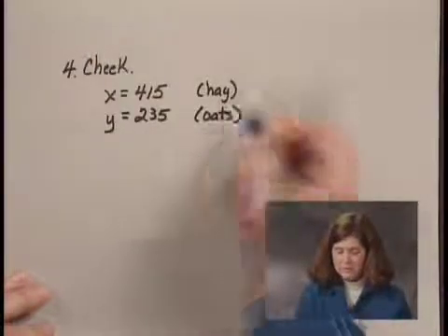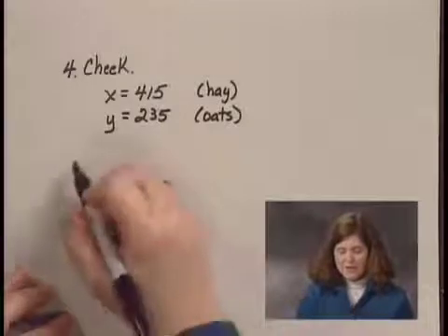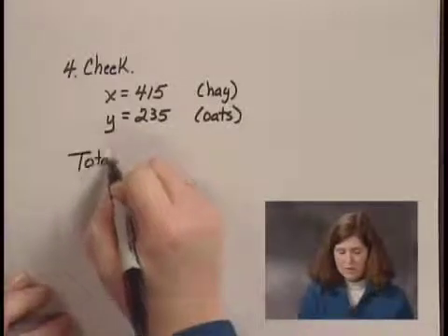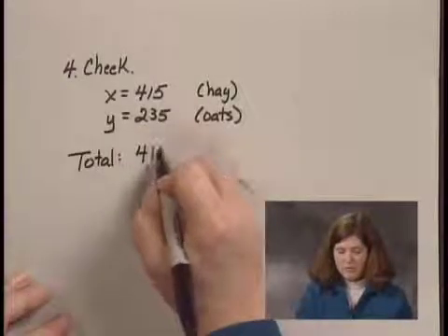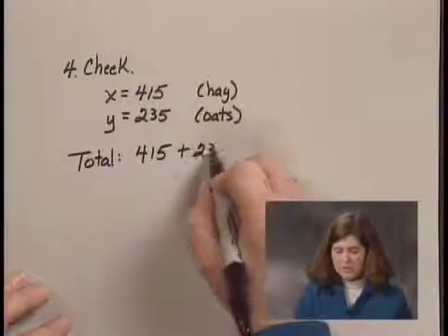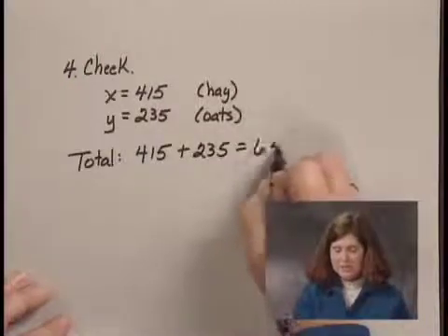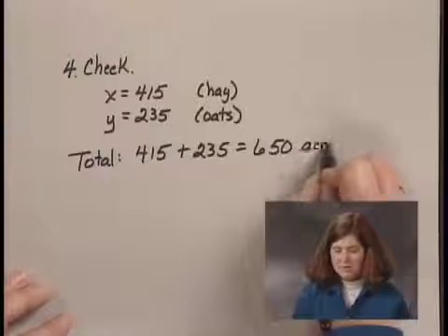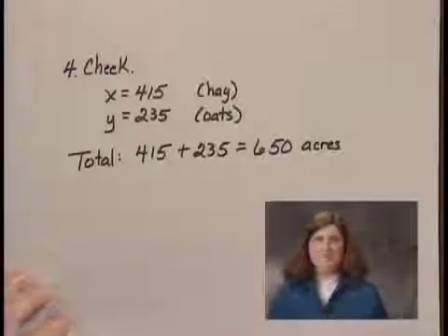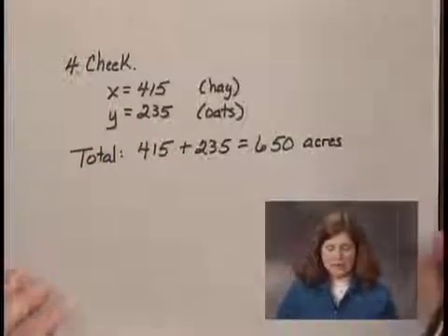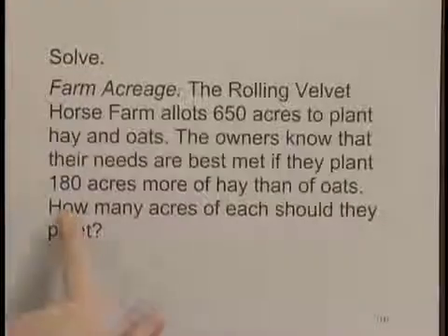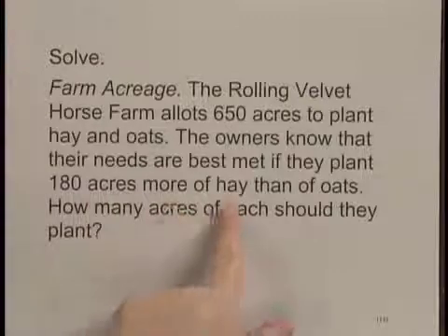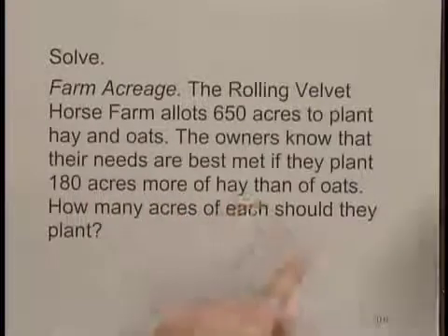If I add these together, I have 415 plus 235, which is 650 acres. So that piece of information checks. I'm also told, looking back at the original problem, that 180 acres more hay is planted than oats.